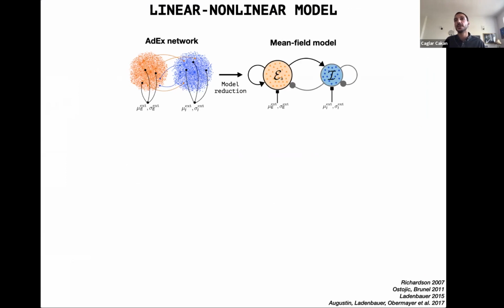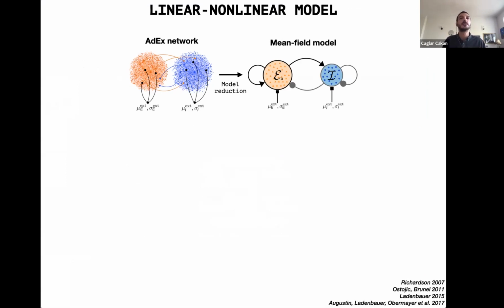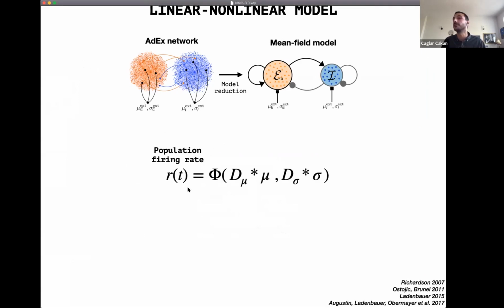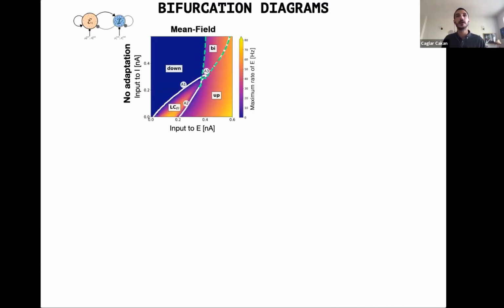But at the end of the day, we do these typical mean field assumptions, and we get a population firing rate model that gives us the firing rate of the population depending on the mean inputs to both populations. So it's a linear-nonlinear cascade model that is extremely efficient, originally derived from a Fokker-Planck equation of these AdEx neurons. So we end up with an AdEx mean field model of AdEx neurons.